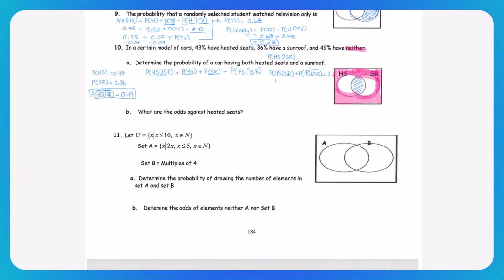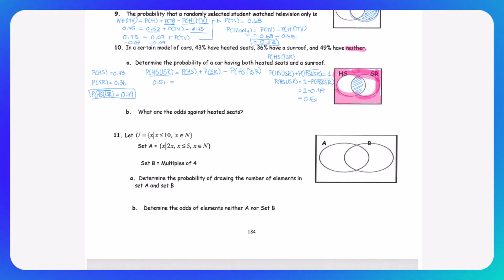In other words, the probability of HS or SR has to equal 1 minus when it's not. And we know when it's not. It's 49% of the time, or change to a decimal, 0.49. So we get 0.51.